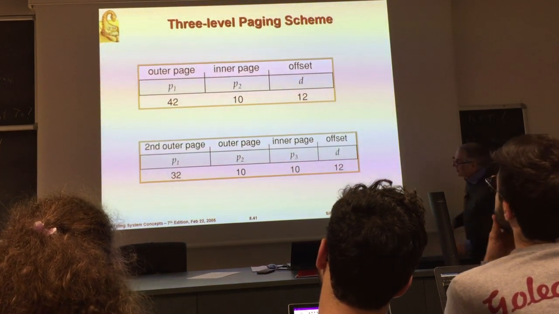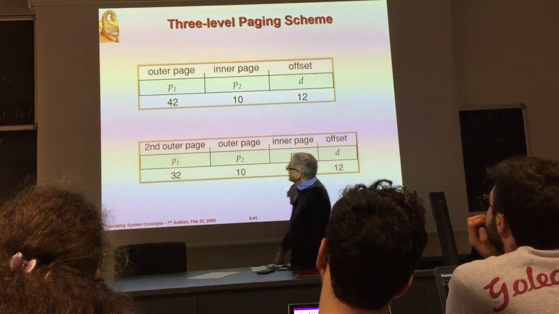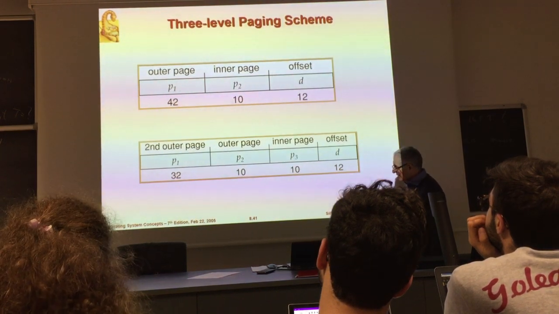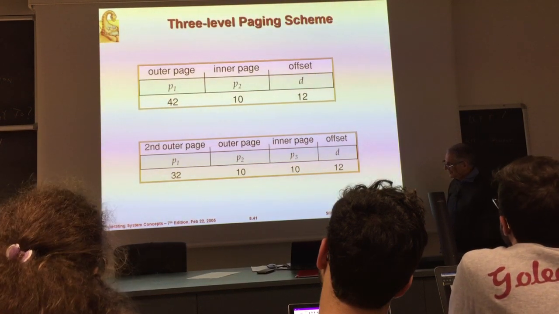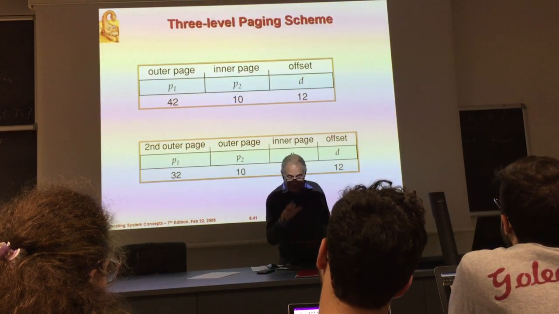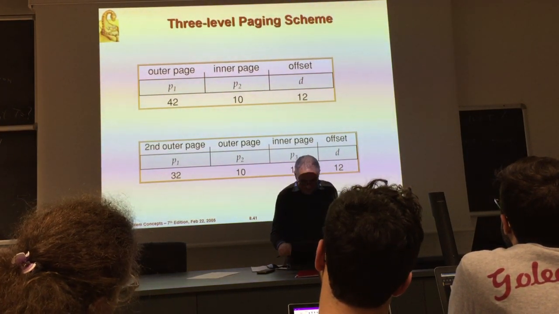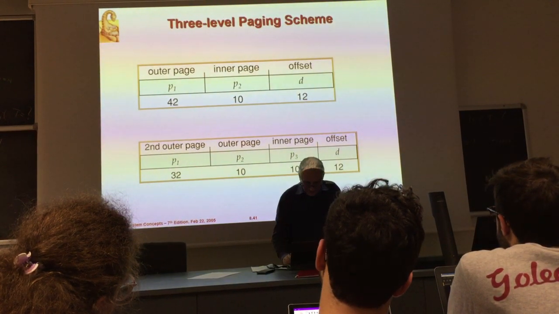You may have a lot of pages here, or even, like in Unix, something like this. 3-level, 300%, and the TLB keeps all these bits as key.